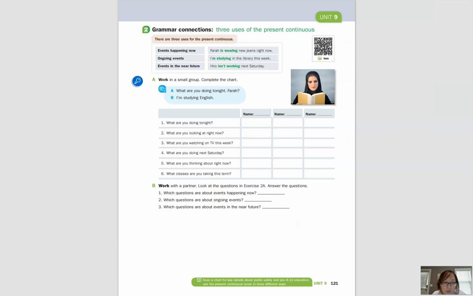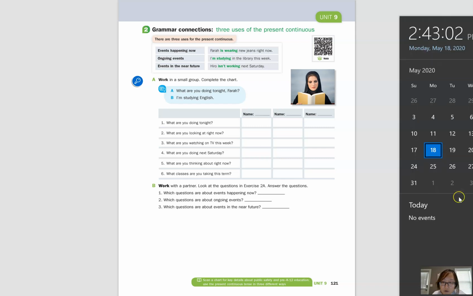I know it's a short lesson, but I'm sure you appreciate that. So next time we are going to start Unit 10, which is the final unit of the book. So we will end this term as scheduled in the middle of June, and I think our last class is, let me check the calendar real quick.